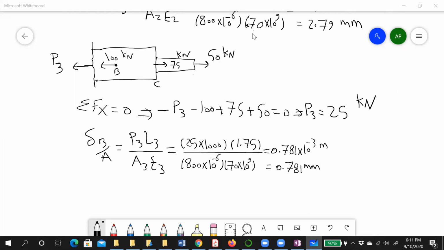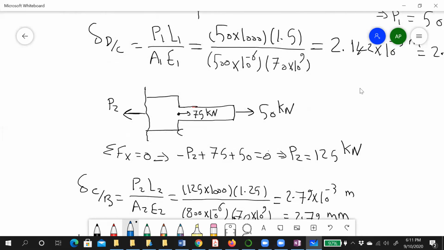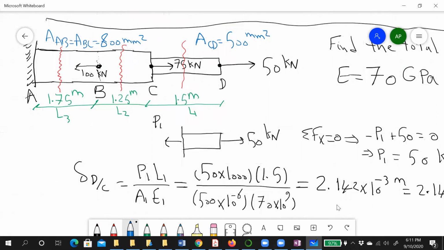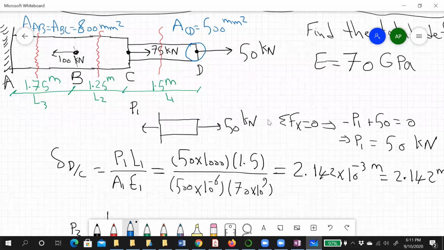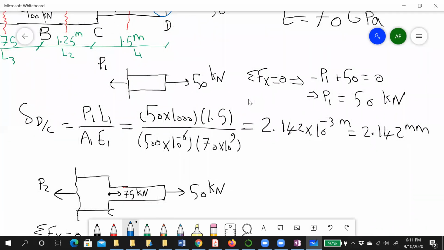Okay, guys, so if you wrote this, then let me go to the page. For the total, what do we do, just add them all up? What value do we need? We want to find the total, so total means this point, right? So we need this delta.